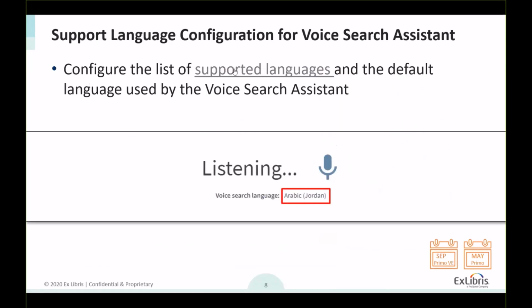Next, previously we released a voice search assistant in Primo, and we also released the ability to have languages. As we released it, the list of the languages configured there was the same as defined in your user interface languages.